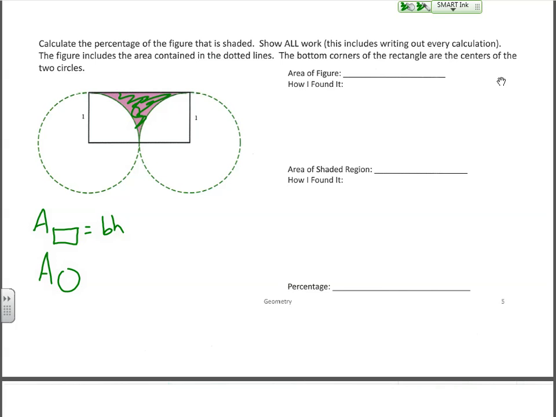You need the area of a circle, which is pi r squared. Other than that, it's that logic. How do you get those different values that you need to find the areas of the shapes, and then how do you subtract, add, combine those areas to get the percentage of the figure that is shaded.